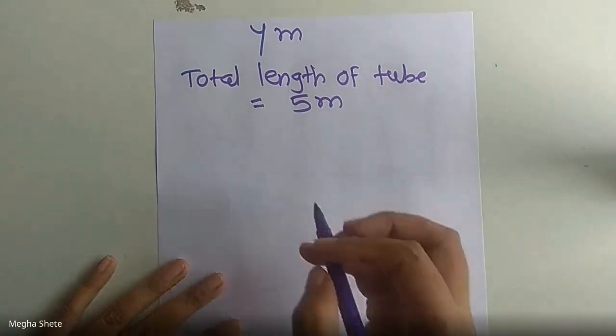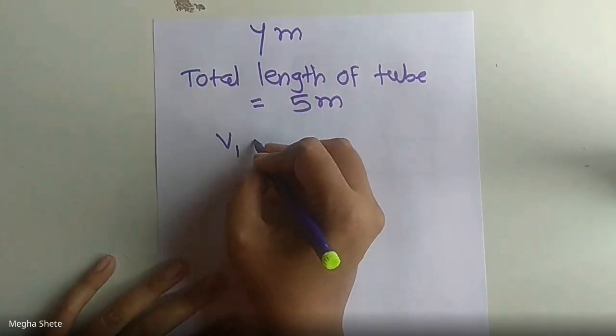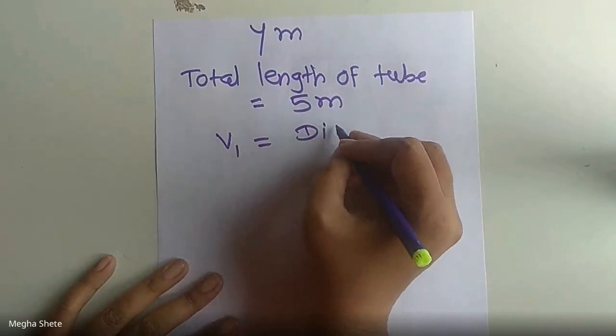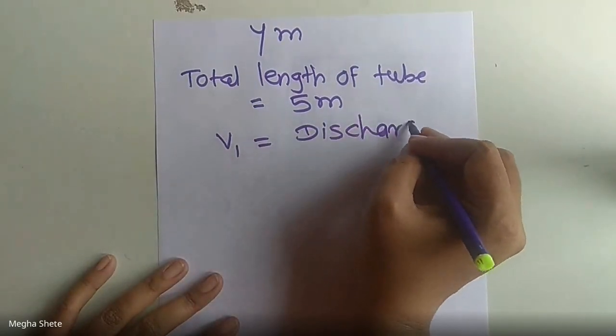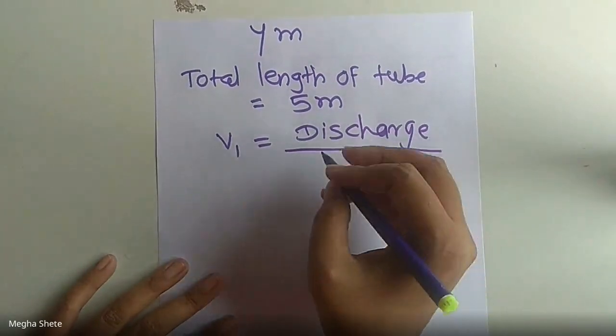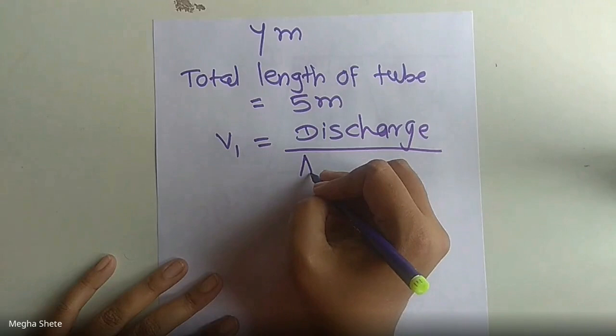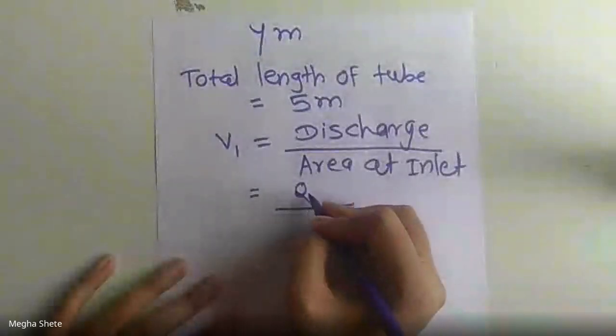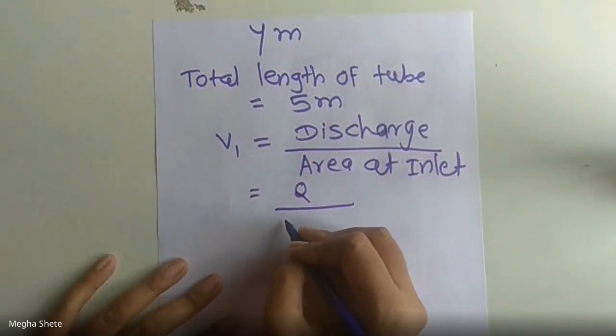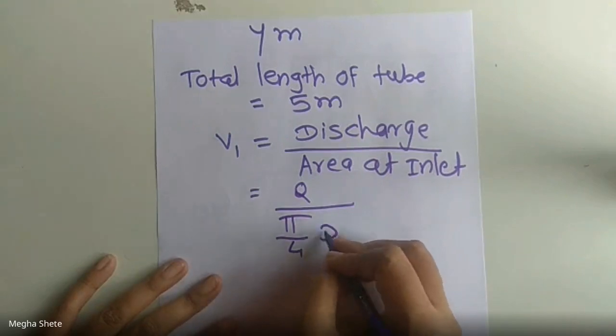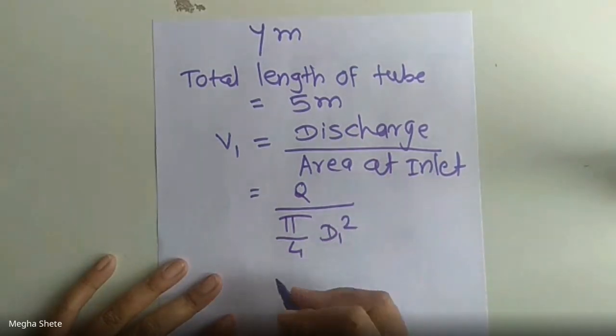The velocity at inlet V1 is equal to discharge divided by area, that is equal to Q divided by pi by 4 D1 square.